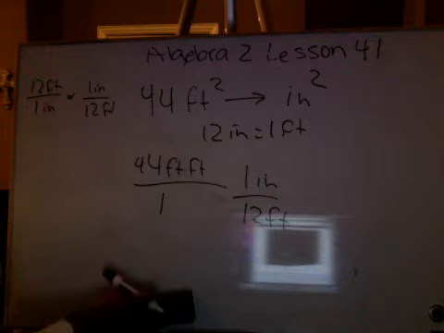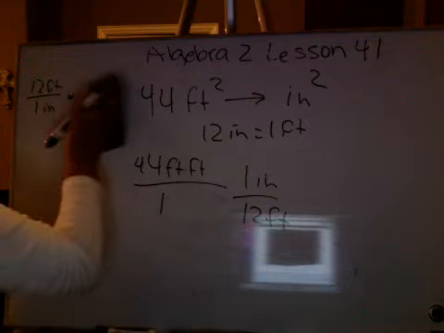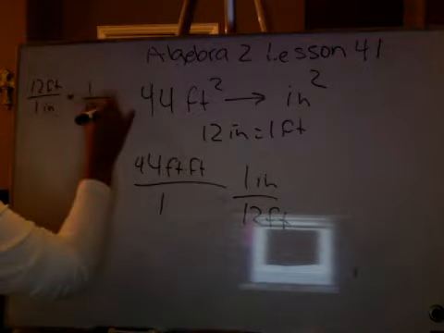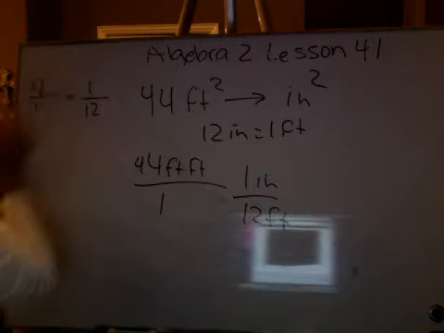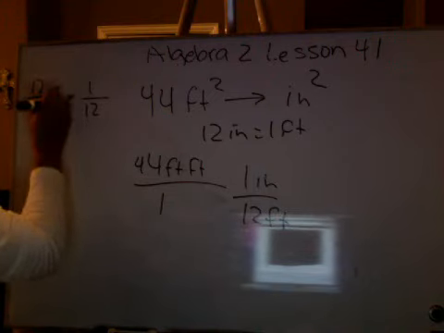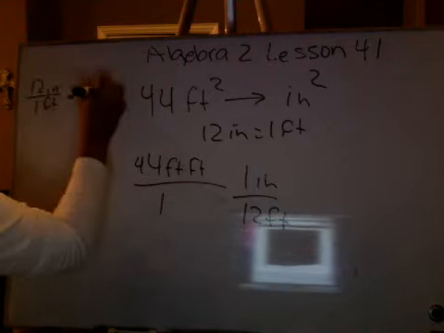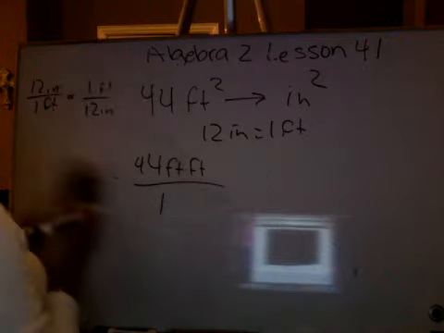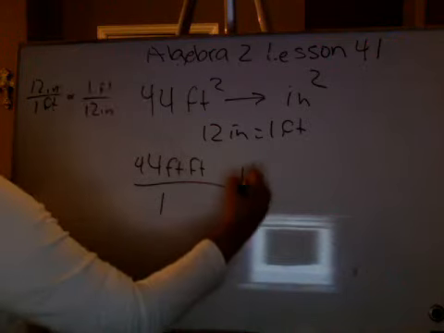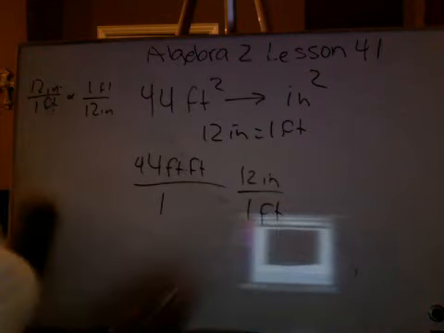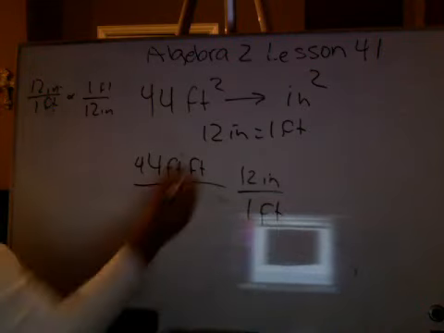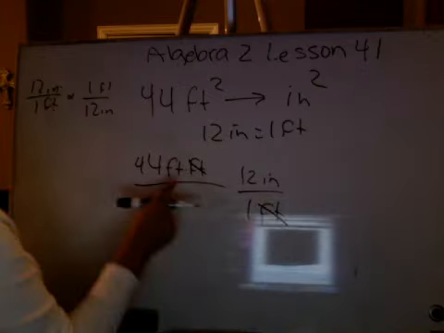Oh, sorry, I had this wrong. I knew that didn't look right. So I actually want to do 12 inches over 1 foot. Okay. Then that crosses out, but I'm left with one more.